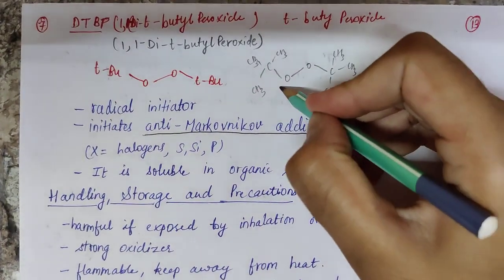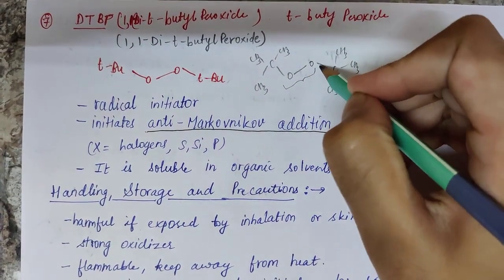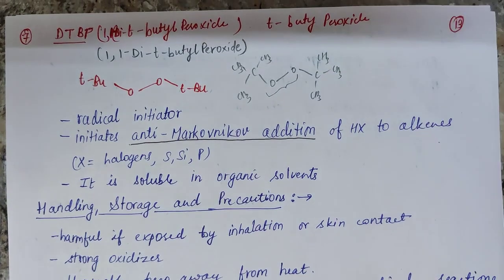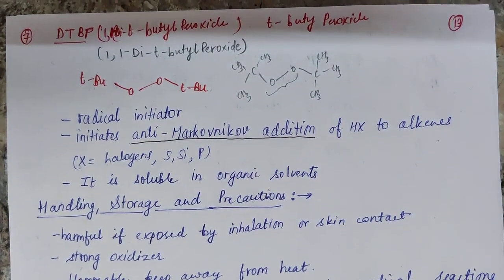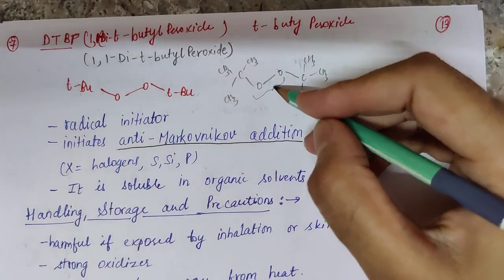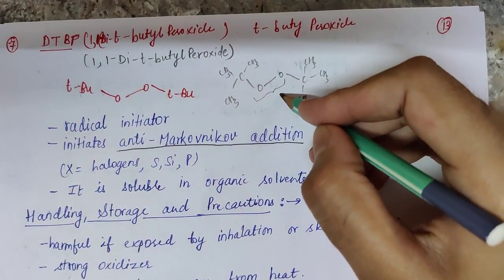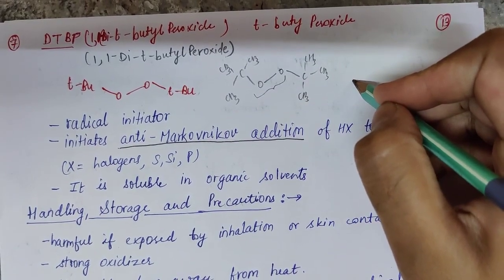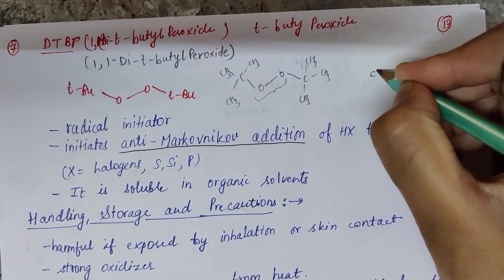This peroxide bond, in whatever compound it is present, is very weak. It breaks up very easily. Homolytic cleavage of this bond takes place and two tertiary butoxy radicals are obtained.